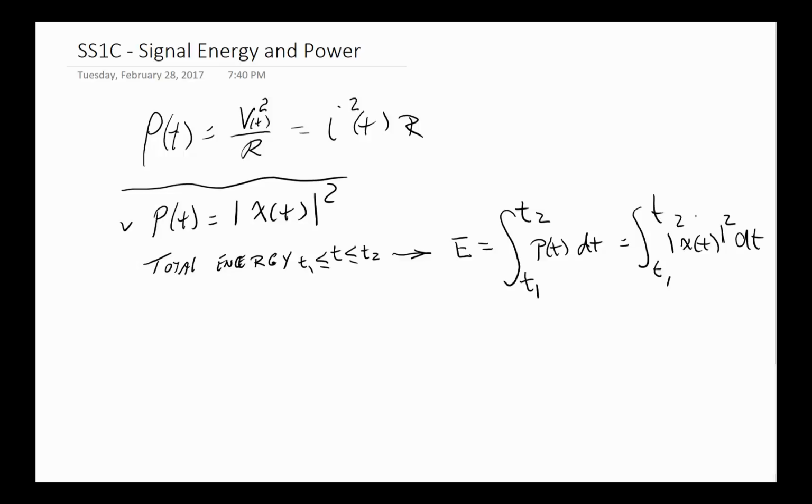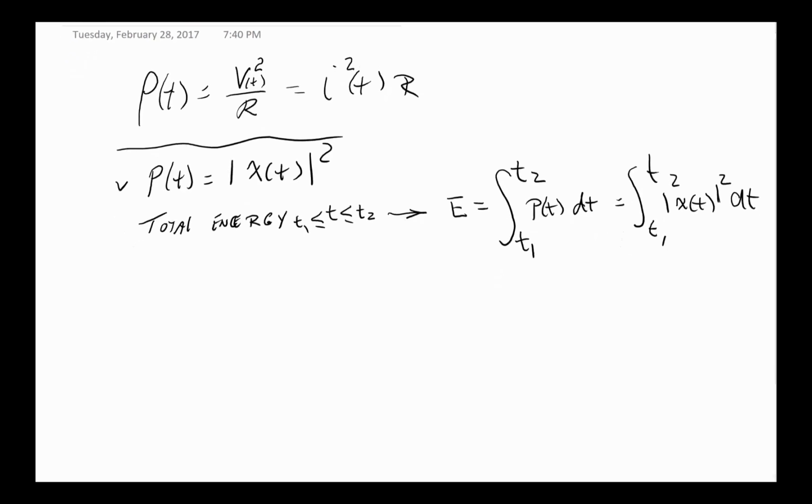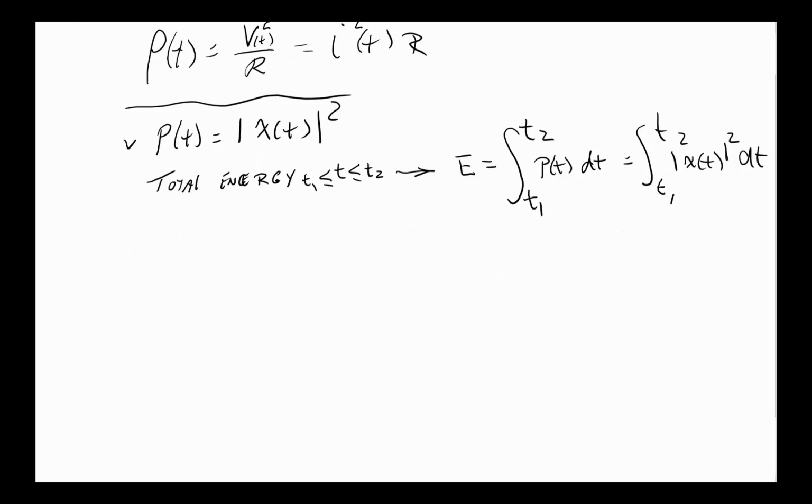So first we're going to start with continuous time, and when we finish with continuous time, we'll come back and do the same thing for discrete. For the most part, just the independent variables will change.